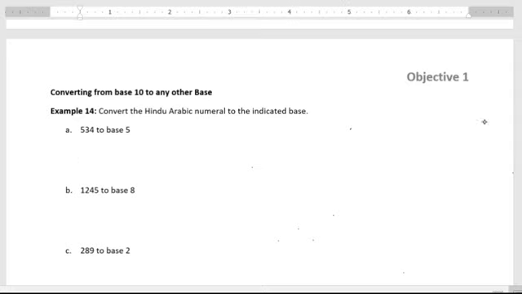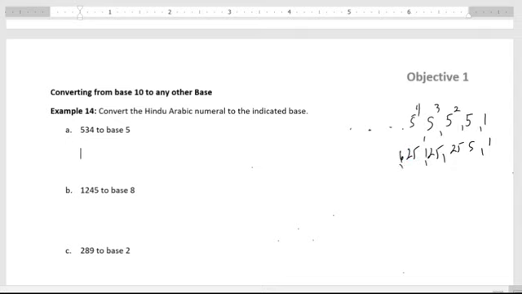So we can write on the side over here, we can write down our place values. So this is 1, 5, 5 squared, 5 cubed, 5 to the 4th, and so on. So this is 1, 5, 25, 125, and 625.